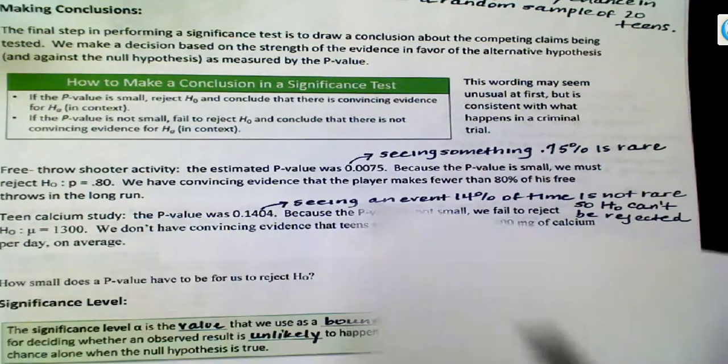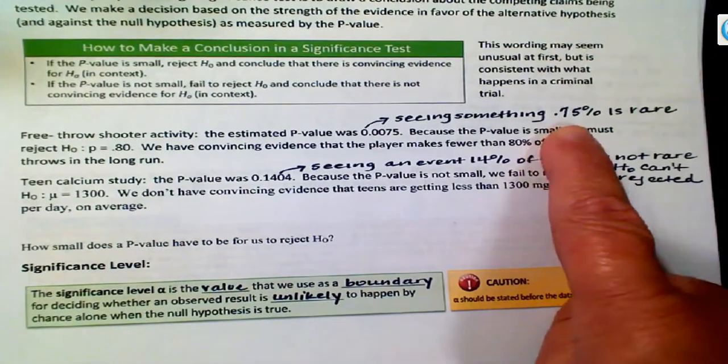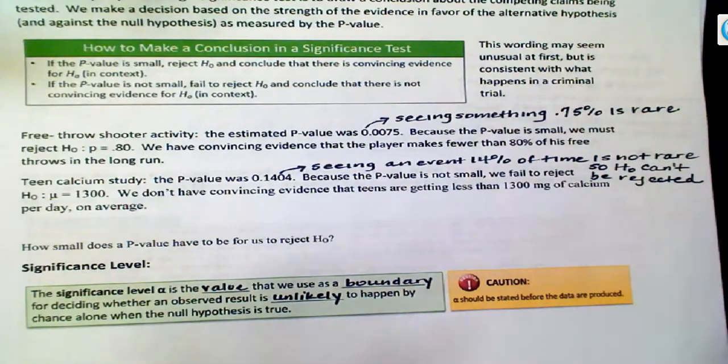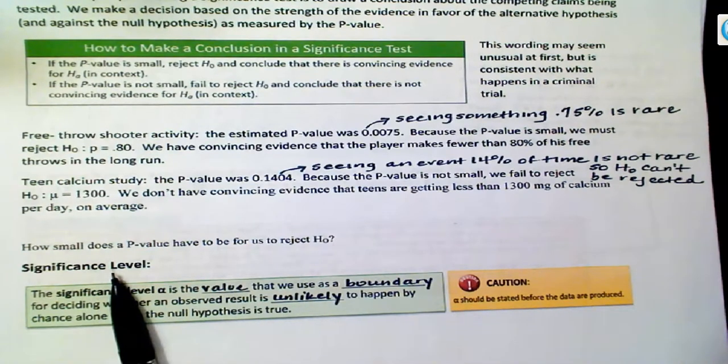How small? That's the one thing here. We just said this is rare and this isn't so rare, so you might wonder how you know what's rare and what's not. How small does a p-value have to be for us to reject it? You're going to be given something called the significance level most of the time.